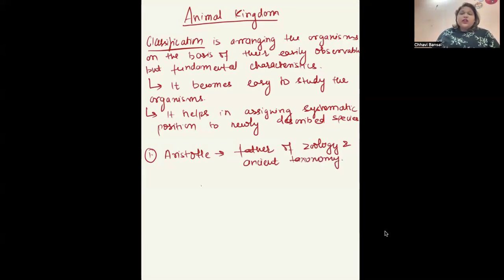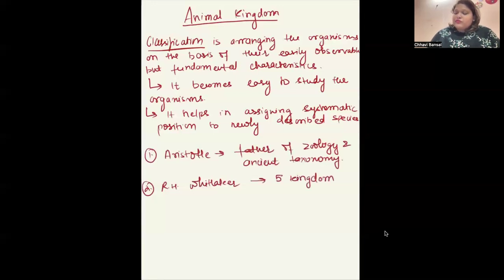Taxonomy is again classification, but this is not the classification we study now. It is an ancient taxonomy that was based on the presence or absence of blood. Second is R.H. Whittaker. He is the one who gave us the five kingdom classification, in which the animal kingdom is the last kingdom. These two scientists are quite important, and we need to remember what they have done and what they are known for.